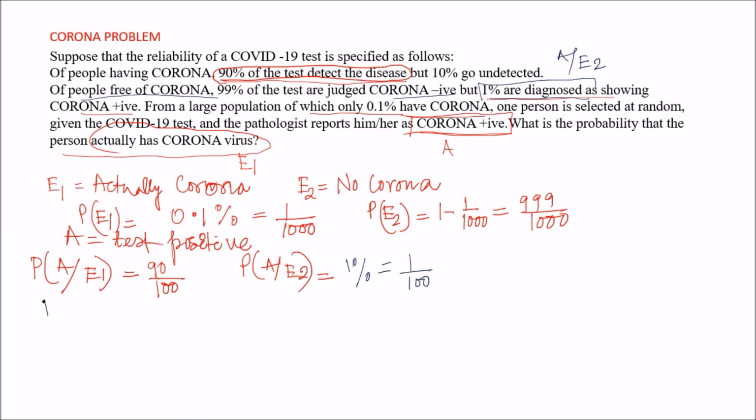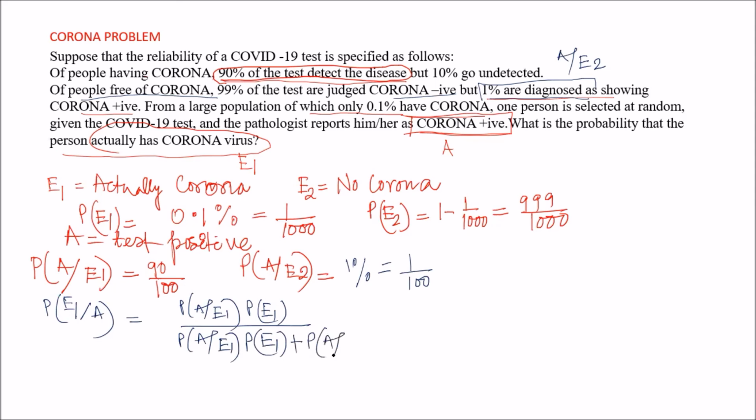Now go for the calculation. What is asked? It has corona, and what is the probability he has actually corona? So P(E1 by A) is equal to P(A by E1) into P(E1) upon P(A by E1) into P(E1) plus P(A by E2) into P(E2).